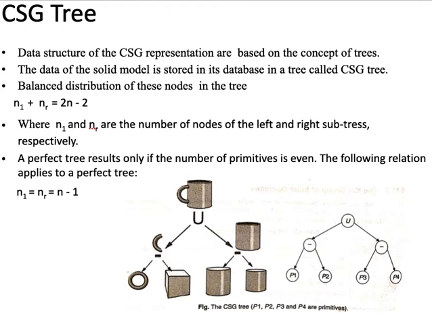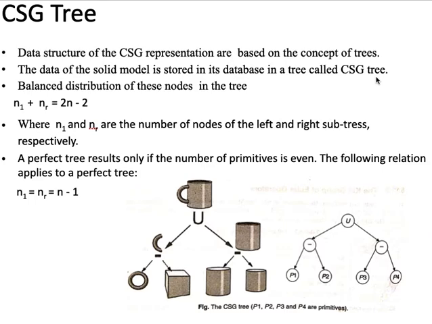The next one is the data structure of the CSG representation, which is based on the concept of trees. The data of the solid model is stored in its database in a tree called a CSG tree.